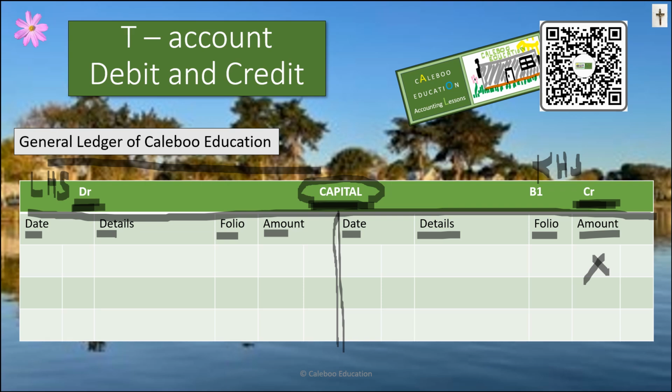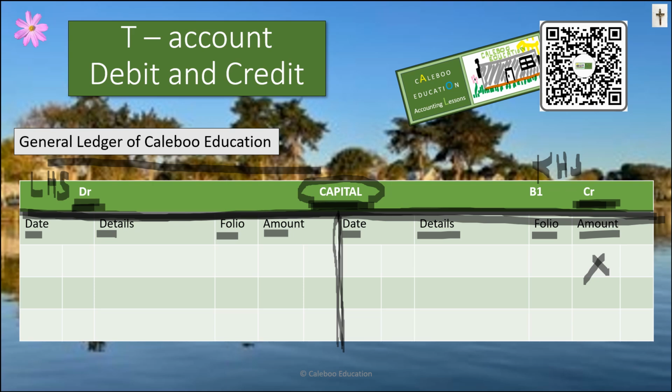The object of this slide is to show you where the T account comes from, because a T account will be used by your lecturers, by you, and when you see them pop up a T account, you shouldn't be left not knowing what they're talking about. Now we are going to use T accounts to explain the rules and apply the rules. So now you know where the term T account comes from.